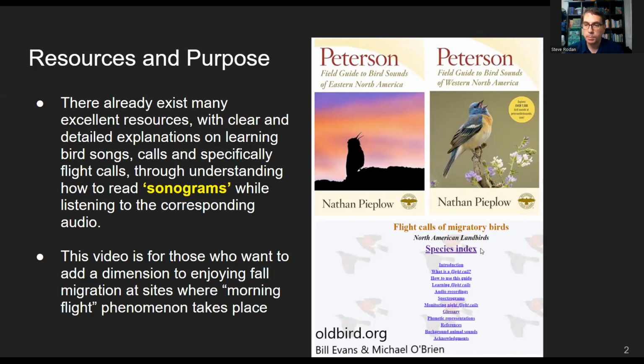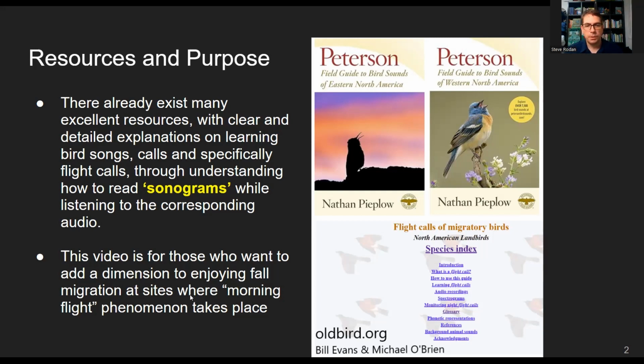You just go to oldbird.org and you can find all the information on that CD-ROM originally produced by Bill Evans and Michael O'Brien. And a lot of what I'm going to show is based on the sonograms from this resource.